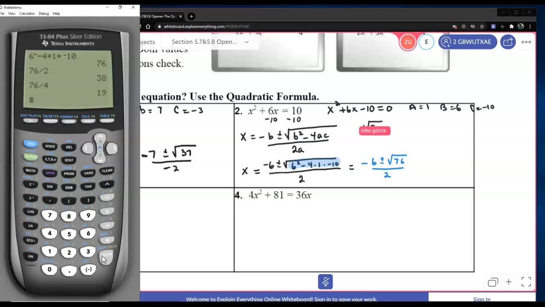So the square root of 76 is equal to the square root of 4 times the square root of 19. The square root of 4 is 2. So this is -6 plus or minus 2 square root of 19, divided by 2. Negative 6 divided by 2 is negative 3, plus or minus 2 divided by 2 is 1, so the square root of 19.